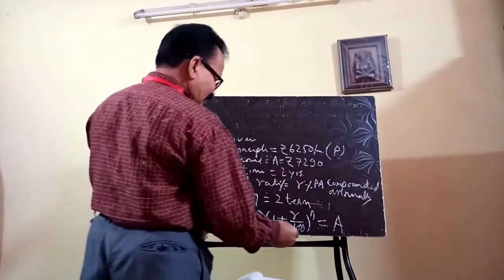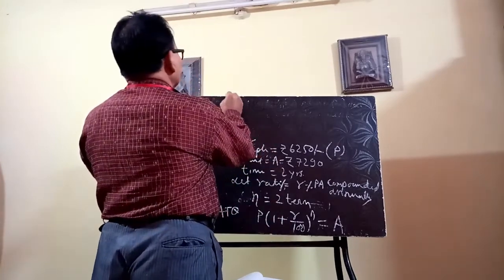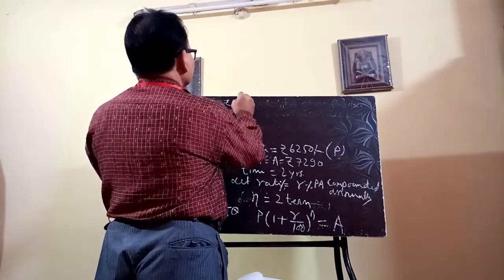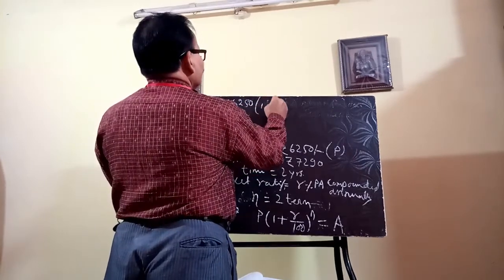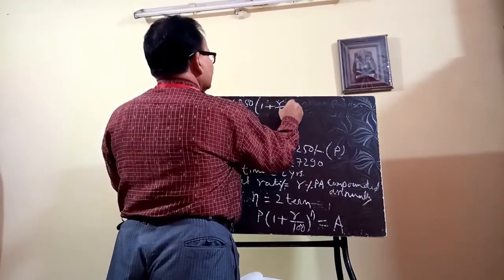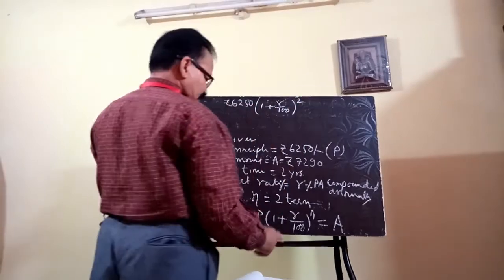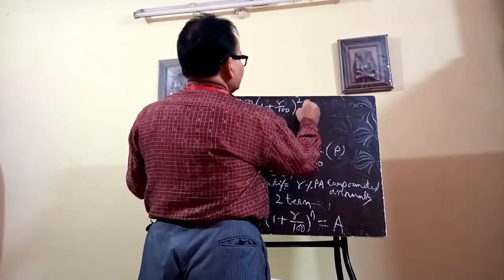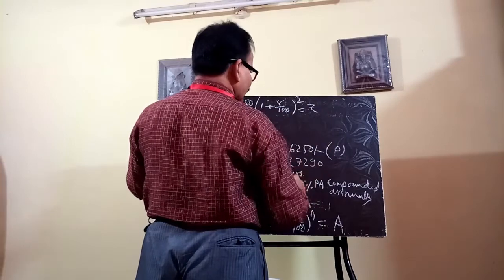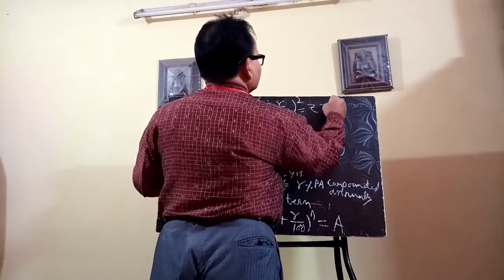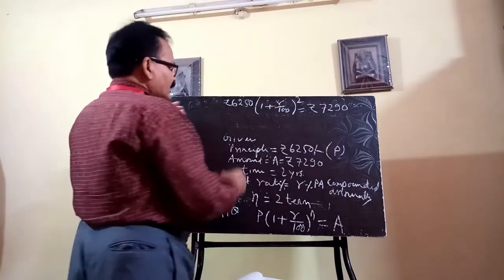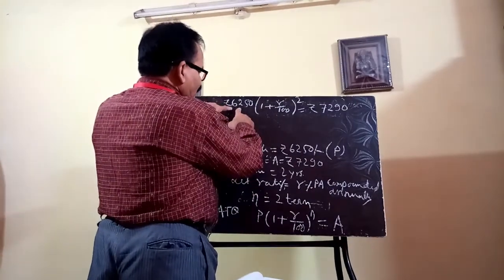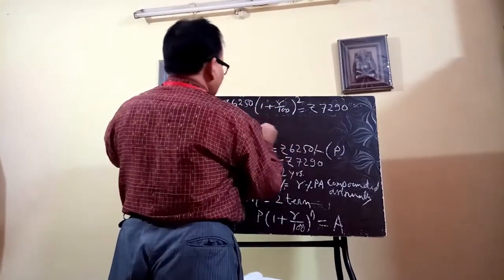Okay. So here P is rupees 6,250 under bracket 1 plus R by 100 to the power 2, because N is 2, and amount is rupees 7,290. So after that, you transpose 6,250 to the right side.